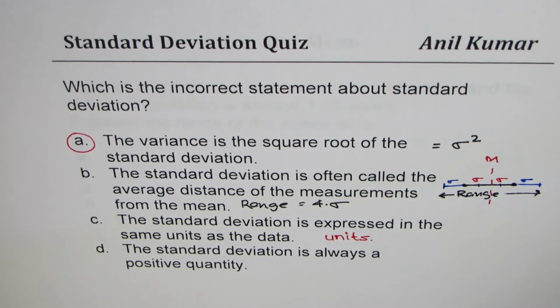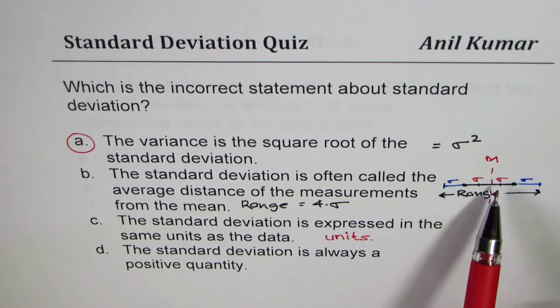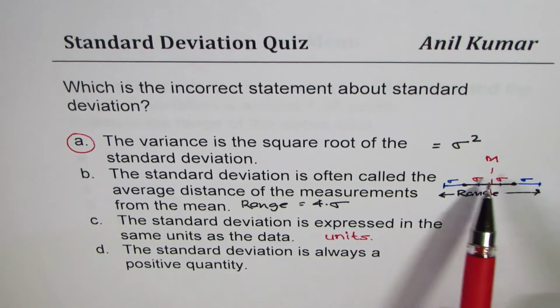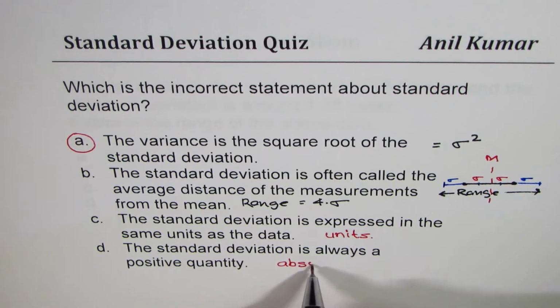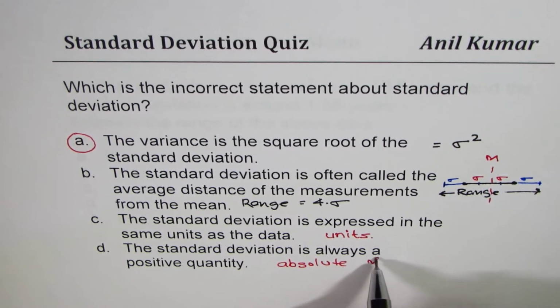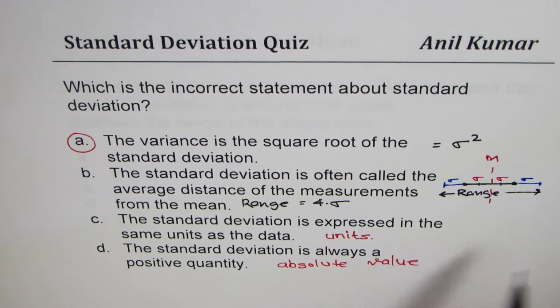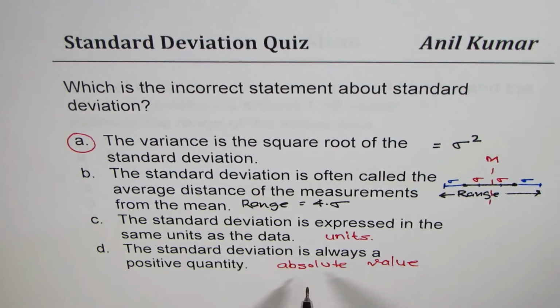Units are very important. Fourth, the standard deviation is always a positive quantity, correct? Positive quantity away from mean. So we also mention this as absolute value. So whenever you calculate standard deviation, you have to write the absolute value. Perfect.